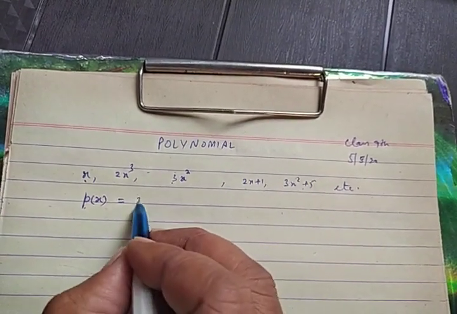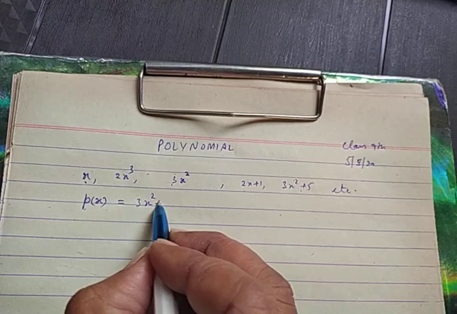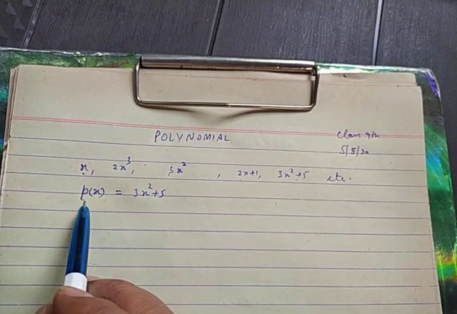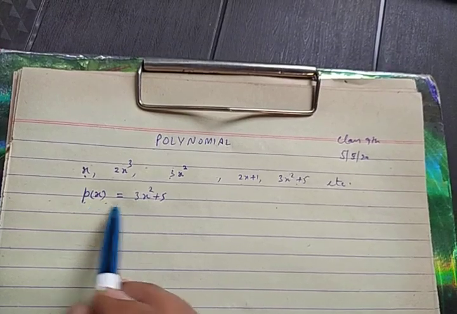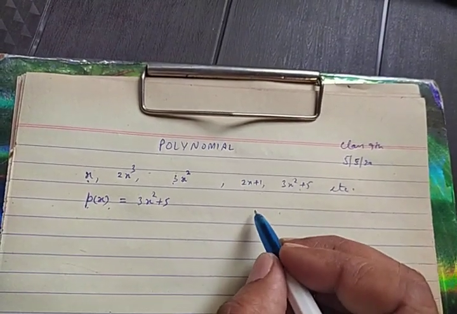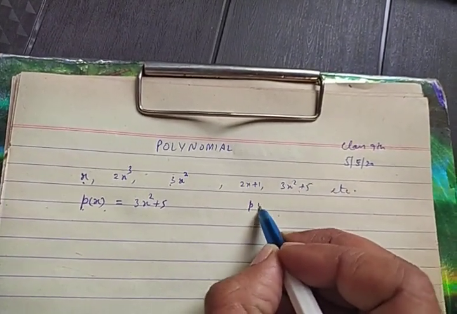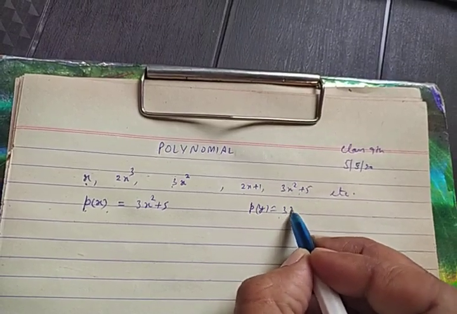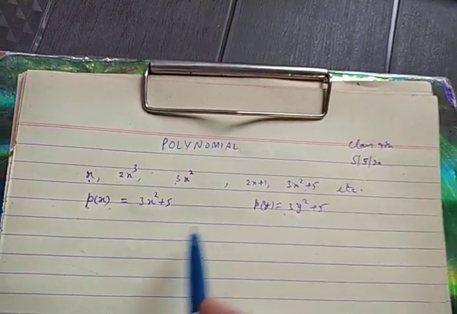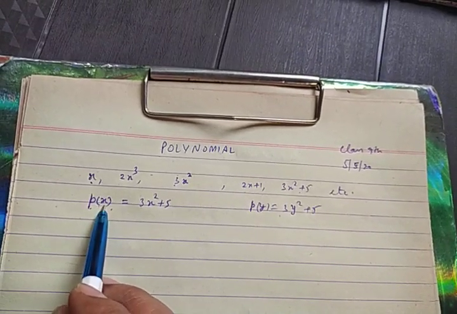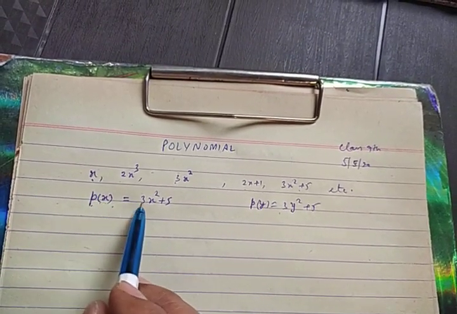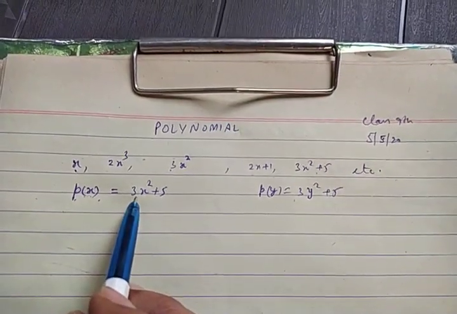Suppose I am writing this one, 3x square plus 5, means this is a polynomial in the variable x. Suppose you are taking another variable, taking y, it may be written as p(y) is equal to 3y square plus 5. Within bracket, whether it is x, it is y, it is t, whatever, this is the variable of the polynomial.